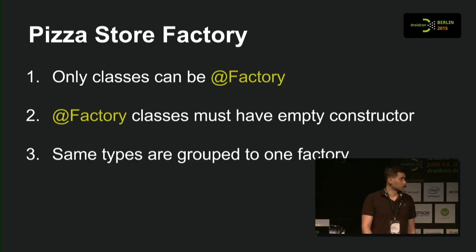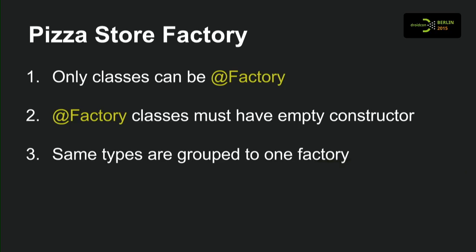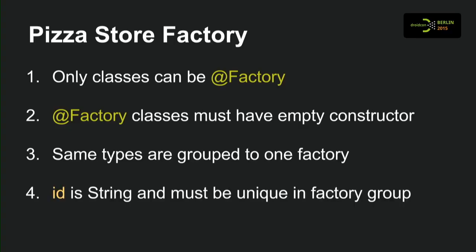The same types are grouped into one factory. That's what I mentioned before: they have the type Meal.class, and everything with the same type gets together in one factory. And the ID must be unique, so there cannot be two Margheritas.